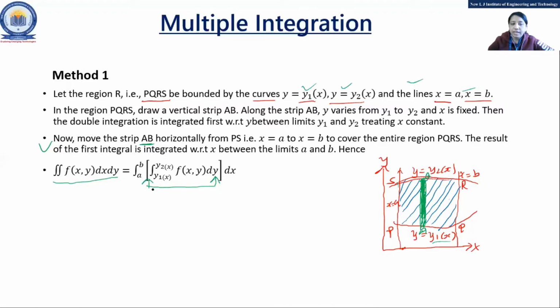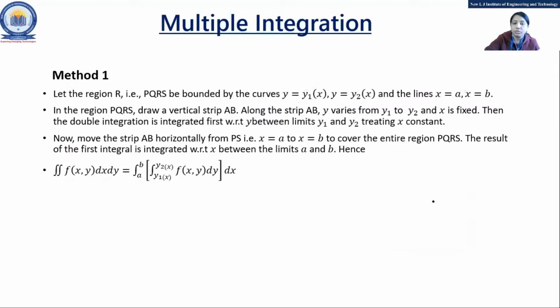So again you can see, whatever the result is of the first integration, again we are going to do the integration with respect to x, and the limits are what? A to B. So this is the first method, right? Vertical strip is there. You will move your strip horizontally. So this is about this.